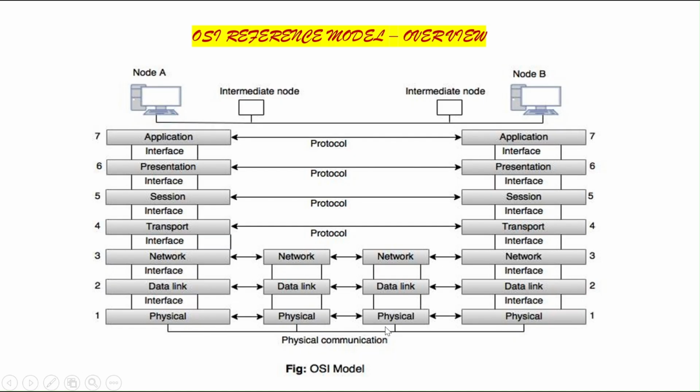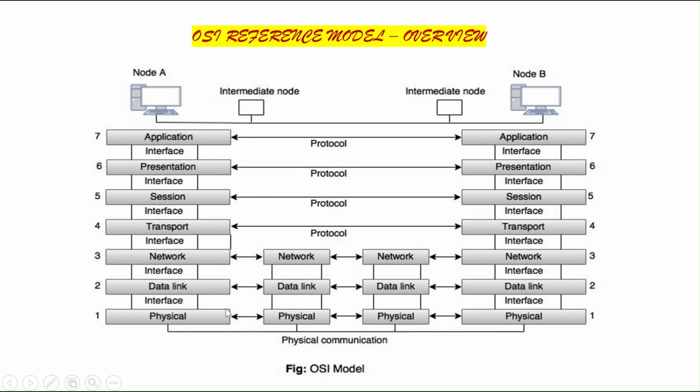The physical layer is the interconnection between one layer and another. Here are the protocols sending information between layers. We also have intermediate nodes, node A and node B, and this is the physical communication section.